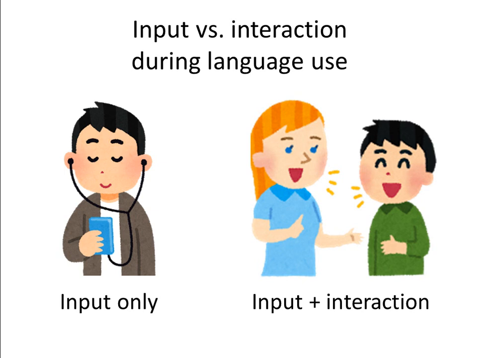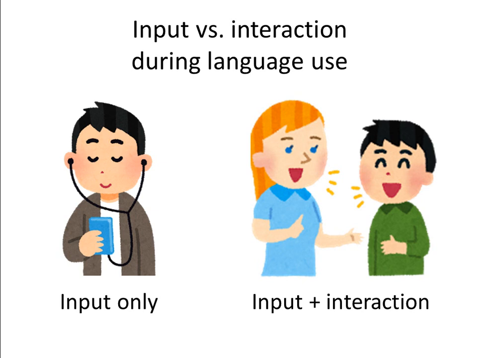I am trying to make my speech comprehensible to you. So I am adjusting my speech. I am guessing your level of English, and I'm also speaking slowly, and I sometimes repeat things. So I am modifying my speech, but I am not interacting with you.